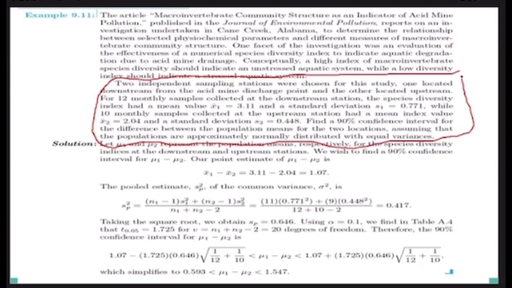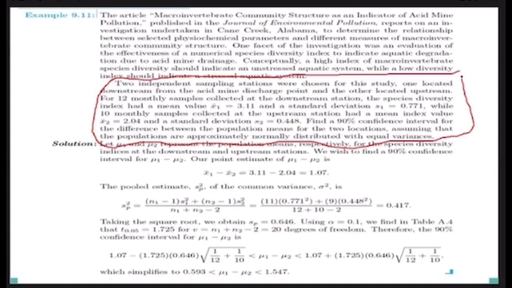Now find a 90% confidence interval for the difference between the population means for the two locations. I need you to listen now: assuming that the populations are approximately normally distributed with equal variances. Please pay attention, with equal variances.